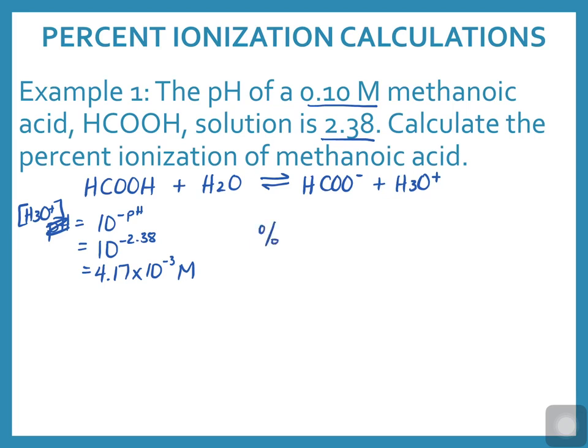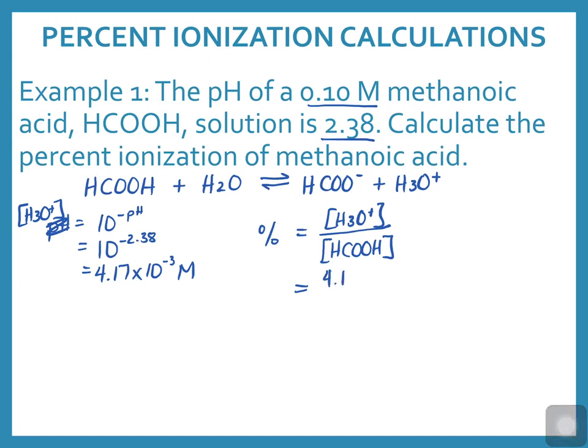And then the percent ionization is equal to the hydronium ion concentration divided by our starting concentration of our acid. So we're looking at how much of what we had ended up becoming hydronium.